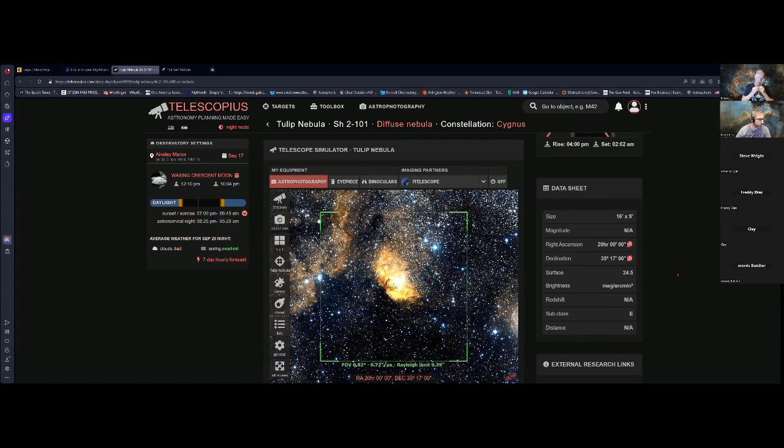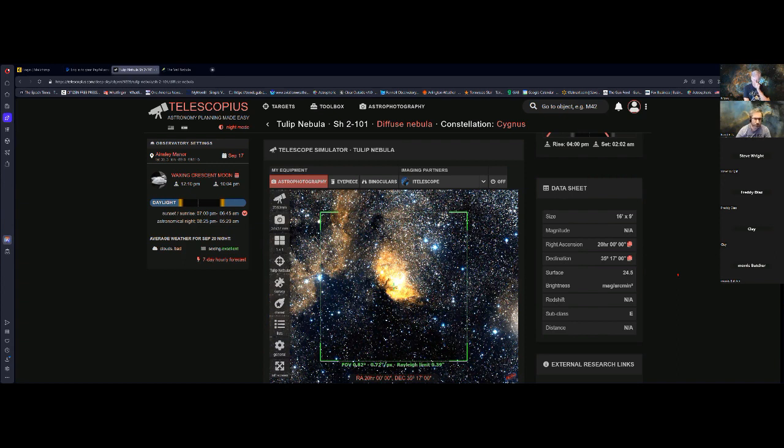The Crescent, the Veil, the Triangle, and Tulip would be nice. Now the question is, which one do we prioritize first? Then if we get to a point where we say, all right, let's stop on this target, let's go to the next one. So if we choose two of them, what would we do first? What would we do second?